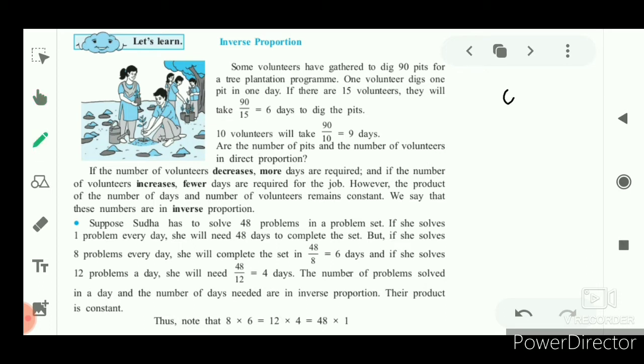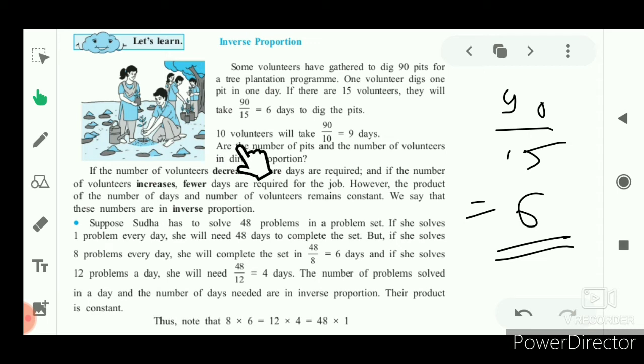So here is the question: we have to dig 90 pits for a tree plantation program, with 90 pits and 15 volunteers. So 90 by 15 will take 6 days. If there are 10 volunteers, then they will take 90 by 10, that is 9 days.